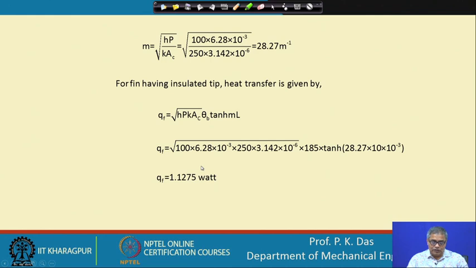So, putting all these values, we will get Q f is equal to 1.1275 watt. So, for a single pin fin provided over the hot surface, this will be the heat transfer. Now, this point we will come back to again in much detail, that on a heat transfer surface rarely do we find a single fin.